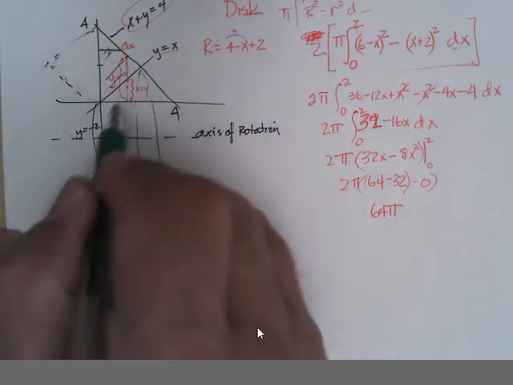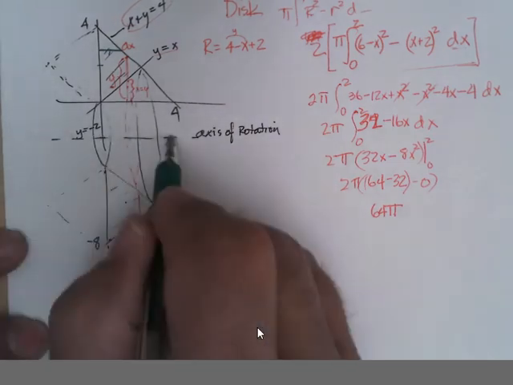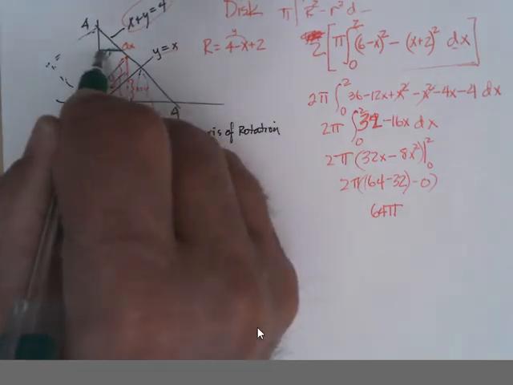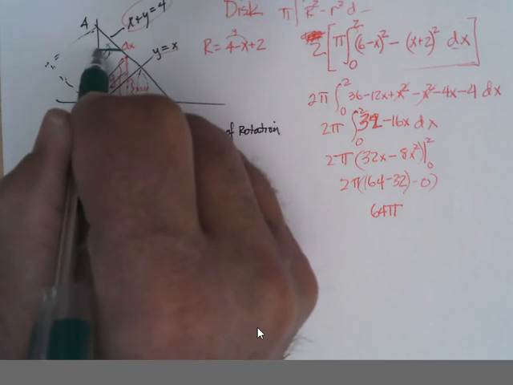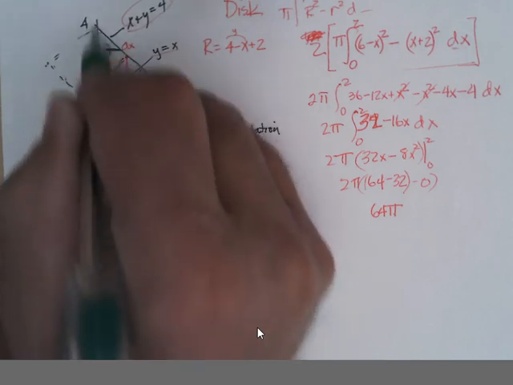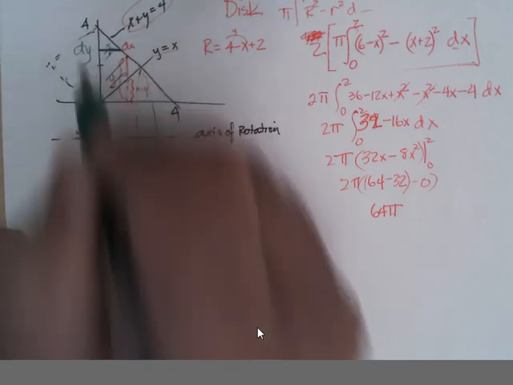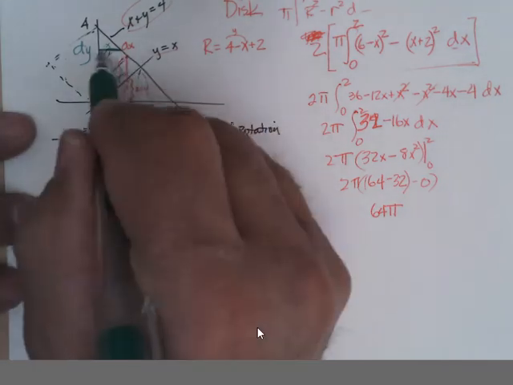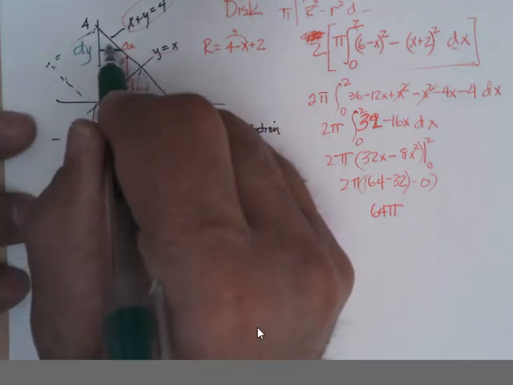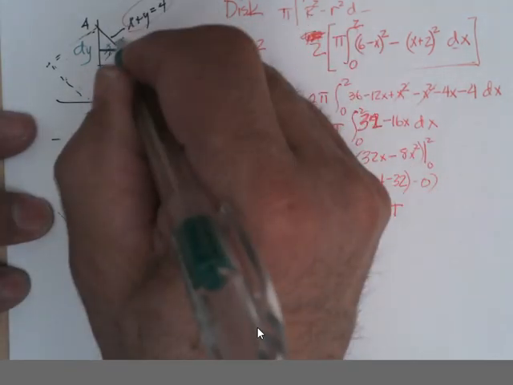But again, slice parallel to the axis. We have a ring. Its height is x, but its thickness is up and down, so it's dy. So we need to do everything in terms of y. So x here is going to be 4 minus y.